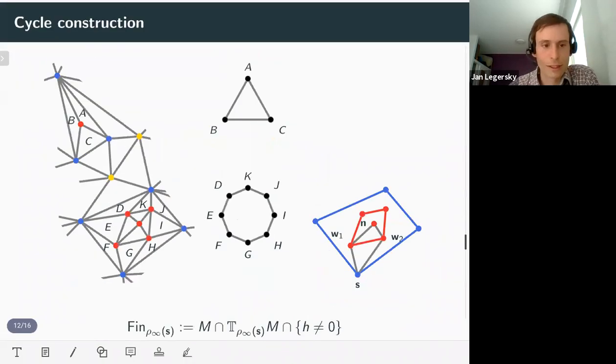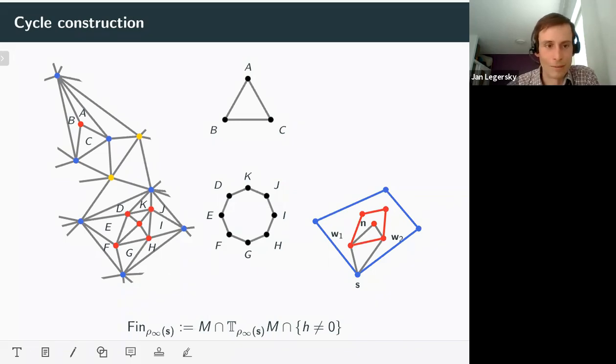So if we look now at a small piece of some triangulated polyhedron, we have vertices colored red, blue, and gold. And using the properties of the Möbius embedding, one can prove that it cannot happen that there would be a triangle with all three colors.